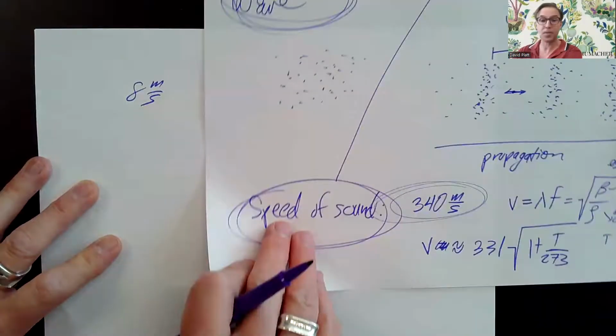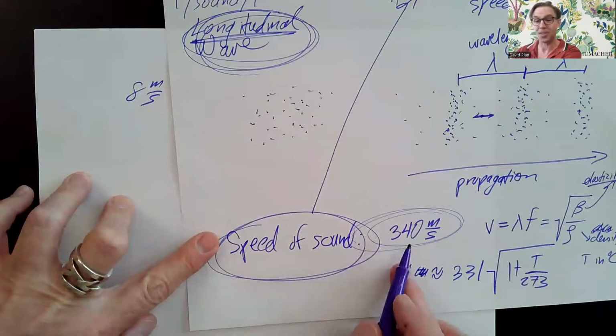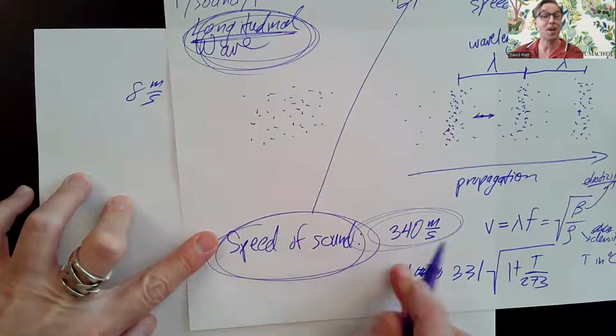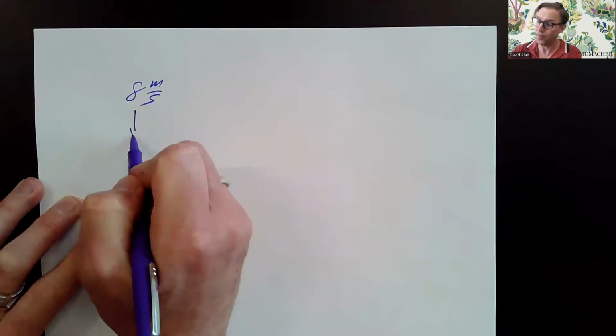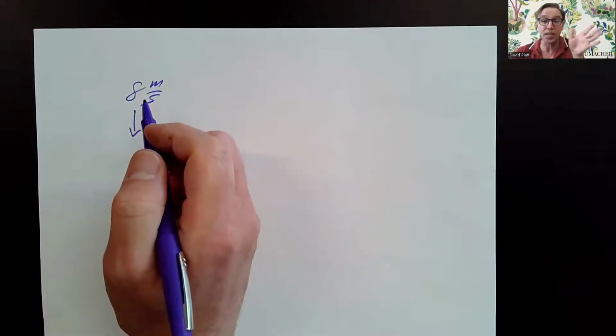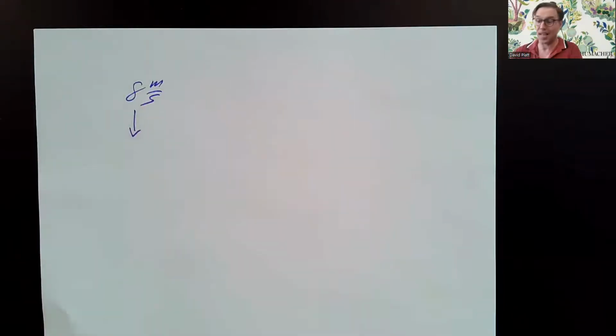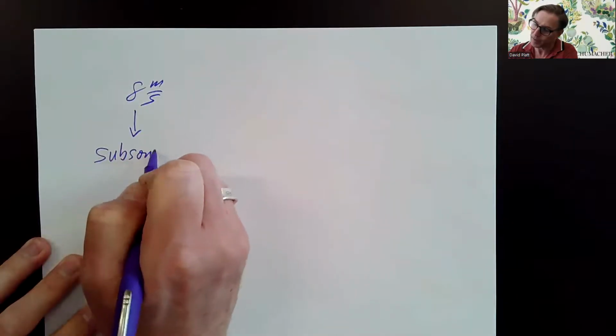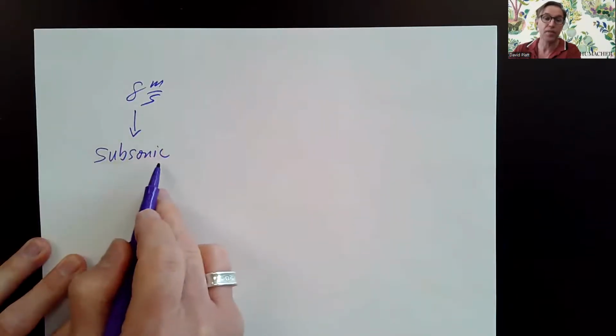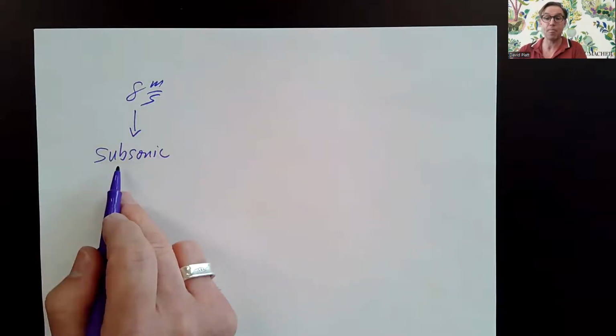But 8 meters per second is slower than 340, so I'm going slower than sound. There's a word for all the speeds that are slower than sound: subsonic. Sonic means having to do with sound, sub meaning less than.